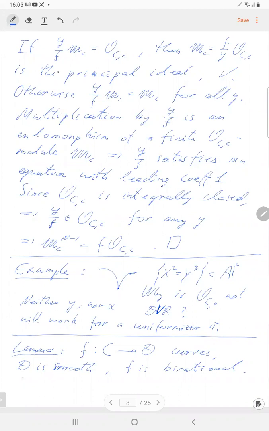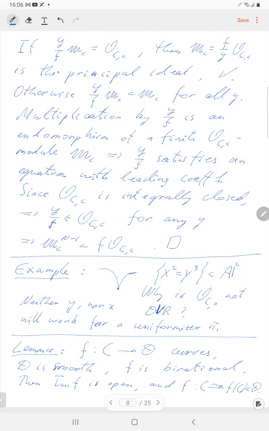And then I claim that necessarily the image of f is open, and this f is just an open embedding from C, an isomorphism onto f of C inside D. So we discussed the normalization.